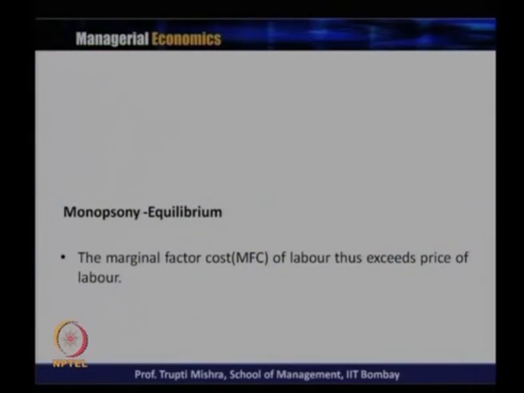Now, what is the marginal factor cost? The marginal factor cost exceeds the price of labor, because the price of labor is 60 and the marginal factor cost from the 3rd unit to the 4th unit is more than the price of labor. So, now we will see this example with the help of total factor cost and marginal factor cost through a graphical explanation, and how a monopsony generally reaches the equilibrium.